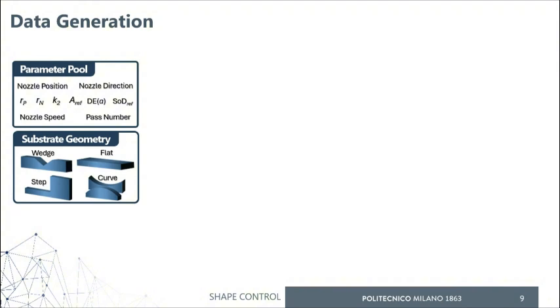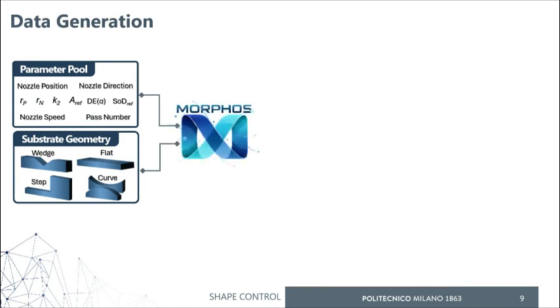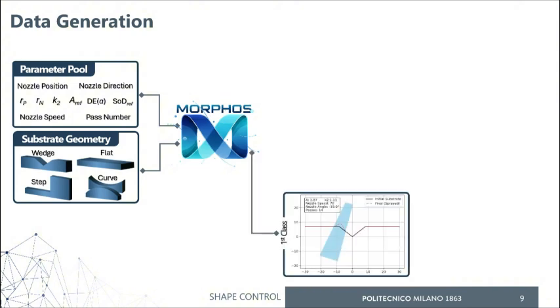To obtain big data, I developed another code which I call Morphos. Morphos combines different spraying parameters as well as substrate geometries, and it creates a deposition based on those combinations of parameters and substrate geometries.